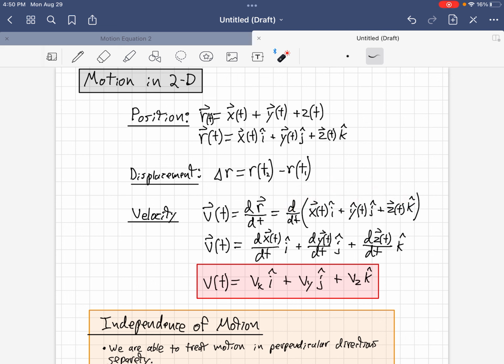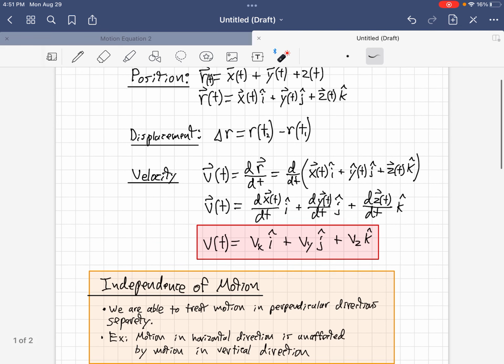So your velocity is just the derivative of your x position with time times this unit vector, and the derivative of your y position with time times this unit vector, and the derivative of your z component times that unit vector there. And so we can write it out as our velocity is vx, our velocity in the x direction times i, our velocity in the y direction times unit vector j, and our velocity in the z direction times unit vector k.